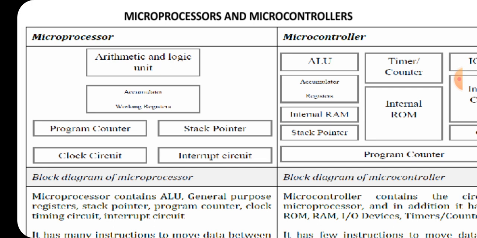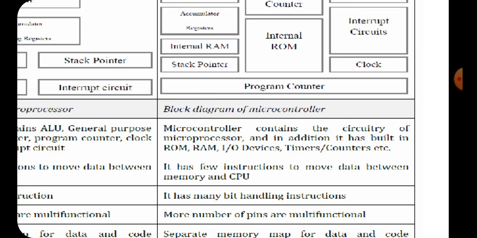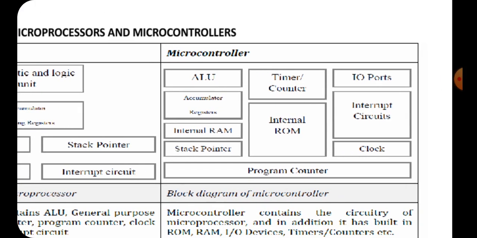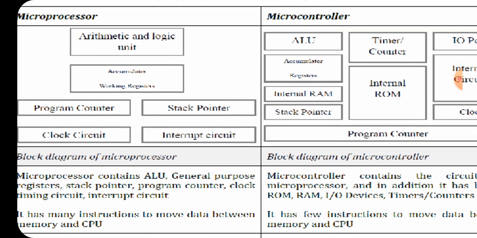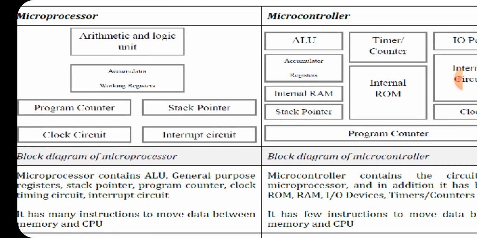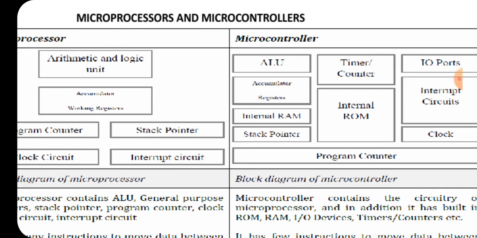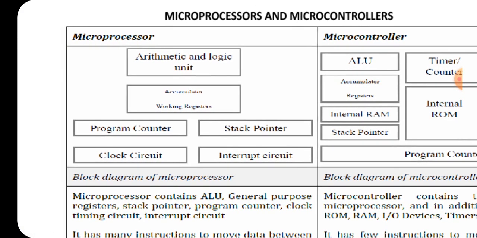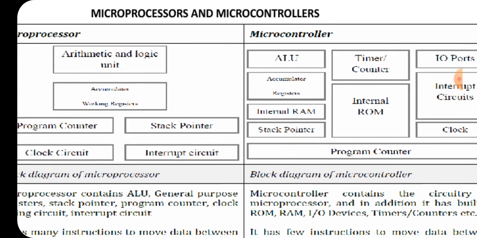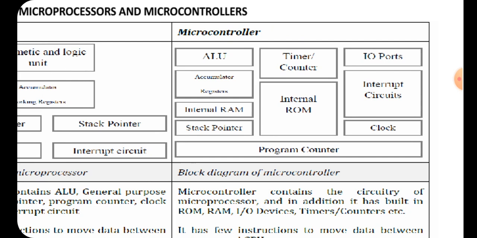As a block diagram, the microcontroller has the ALU, arithmetic and logic unit, plus the accumulator and special function registers. In addition to the internal parts present in a microprocessor, we have additional components present on chip: inbuilt internal RAM memory as well as ROM memory, the IO ports, inbuilt timers and counters, interrupt circuits, and on-chip clock generators.